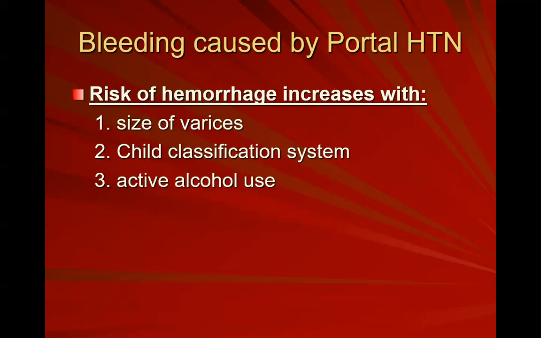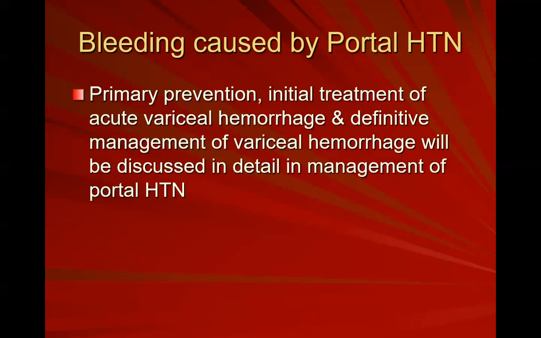So the risk of hemorrhage with portal hypertension increases with the size of the varices, and there's also a classification system for it. Alcohol intake, an active cause of the portal hypertension and cirrhosis, can injure these varices directly and cause bleeding of these varices.